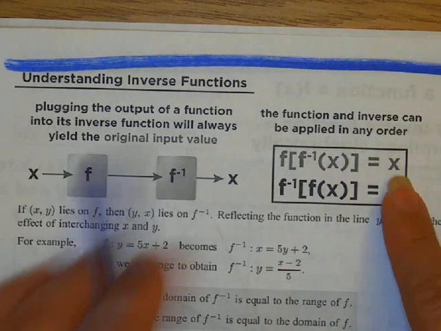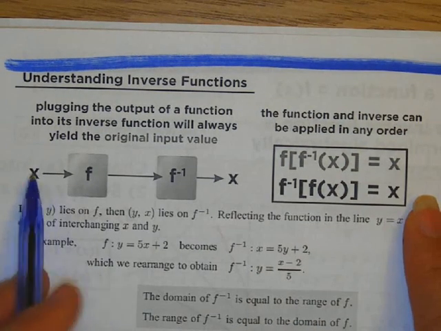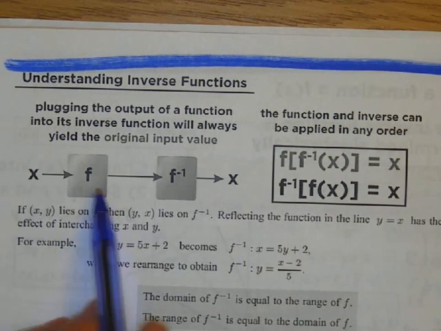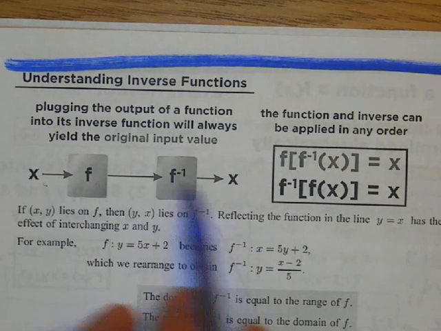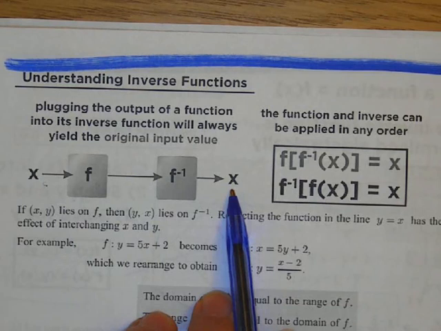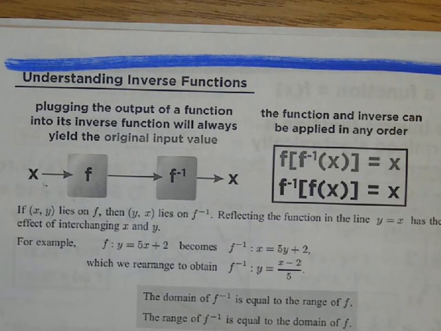This is cut and pasted from Professor Dave, but if you plug something into the function and then plug it into the inverse function, you're going to end up with what you started with. That's what this is saying here.